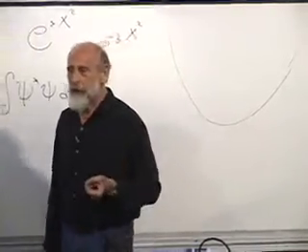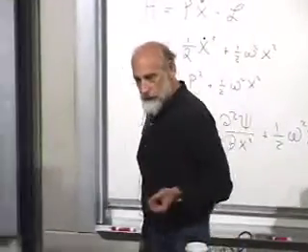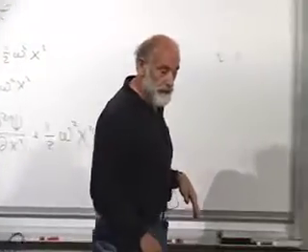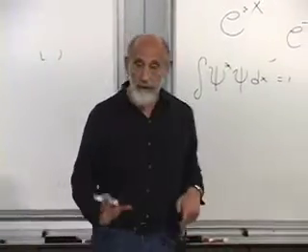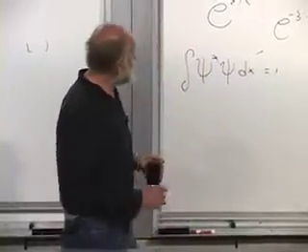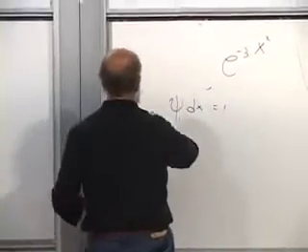Only at very select values of the energies are there solutions which decrease in both directions. Those select values are the energy eigenvalues of the harmonic oscillator. So let's see if we can figure out what they are.